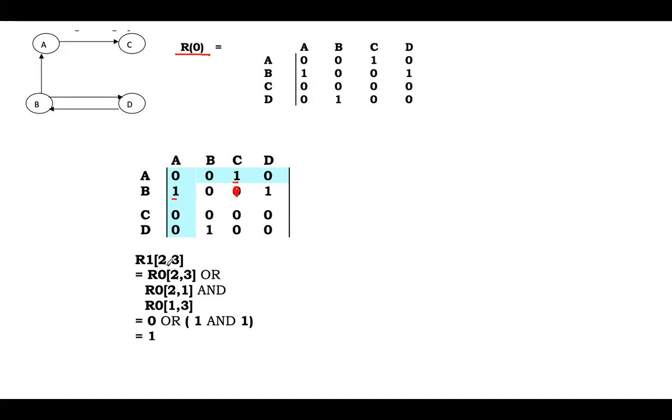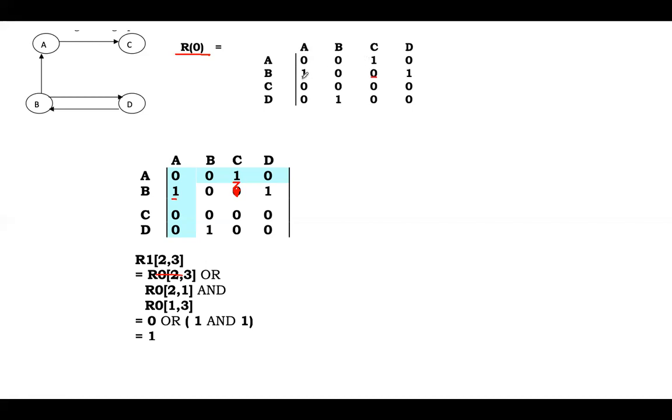You can see the instruction here. This is the R0 matrix, first iteration. This will be the R1 matrix. R1 of 2, 3 means second row, third column. R1 of 2, 3 will be equal to R0 of 2, 3 OR R0 of 2, 1 AND R0 of 1, 3. R0 of 2, 3 is 0 itself, so this value will not matter in the OR operation.